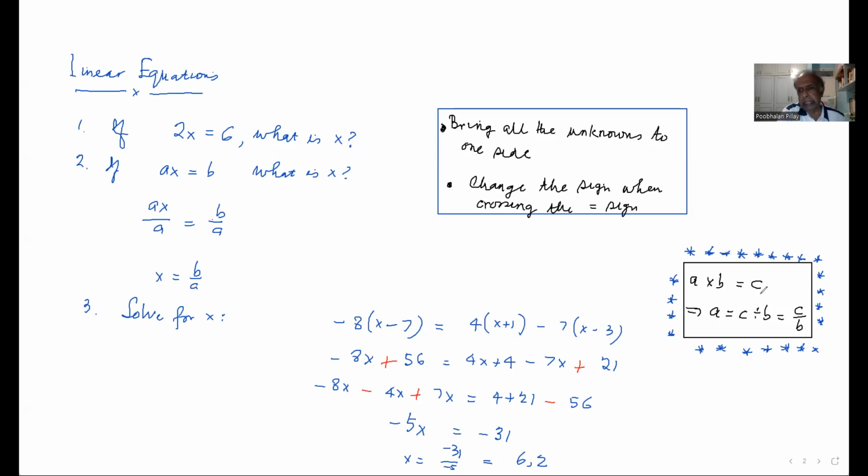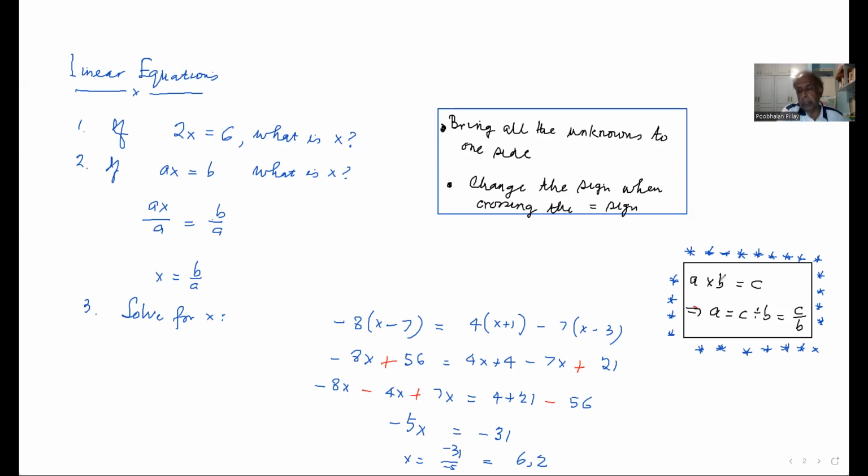You'll see in the bottom right-hand side, we are saying that a times b equals c. If you multiply two numbers and the answer is c, the symbol here means implies. That means we can conclude that each of the factors, in this case a, is c divided by b.